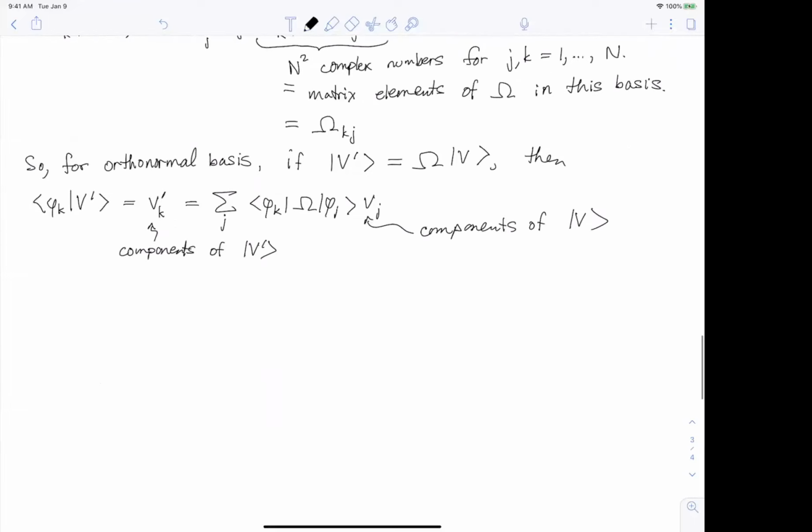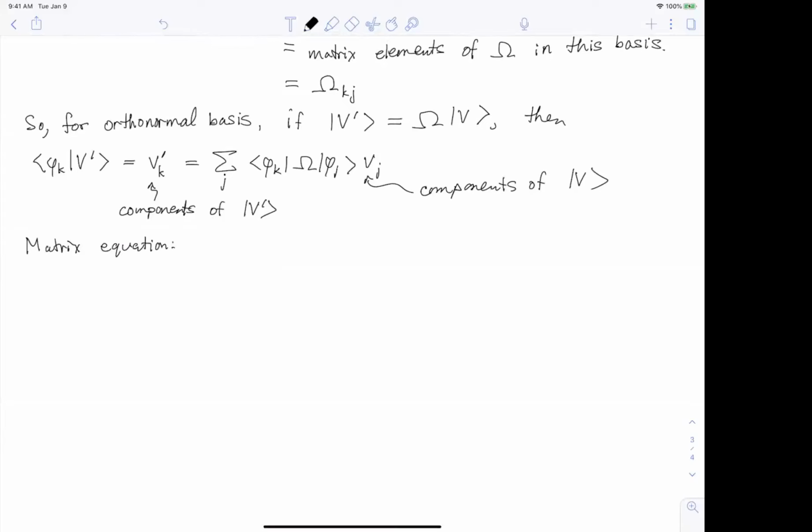And so what I can do is make this look a little nicer by writing it as one big matrix equation. What I do is I take the V primes and turn them into a column vector: V1 prime, V2 prime, up to V sub n prime.